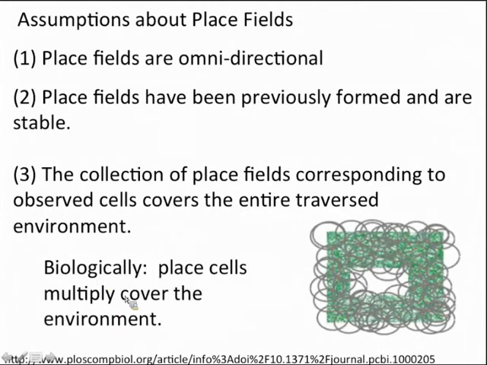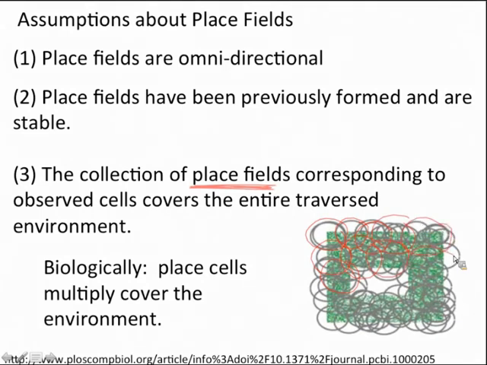Biologically, place cells do cover the environment multiple times. So in terms of the place cell coverage, this is the collection of place fields, not the path. In this case, we just want to make sure we have sufficient coverage. So ignore the green path. That's a later assumption, where we'll talk about the green path needing to cover.